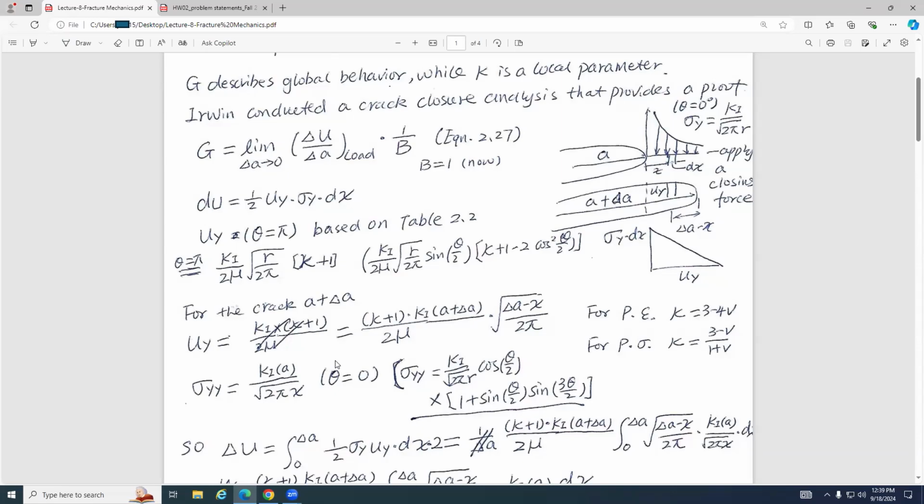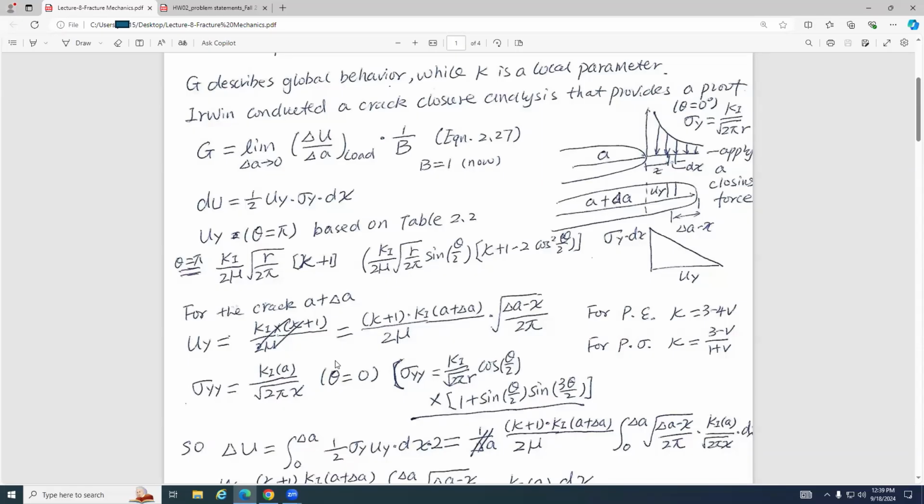So here is R. R is the distance between the point of interest and the crack tip. Divided by 2 pi, multiplied by kappa plus 1. And then here is something here. So this is a sigma.